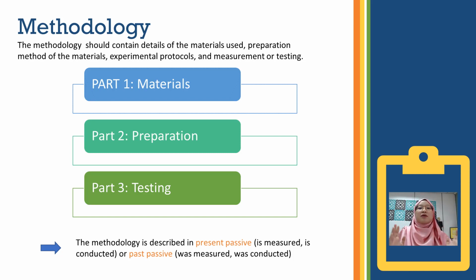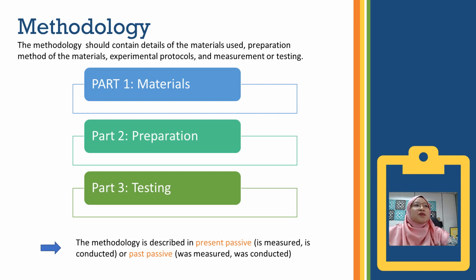So you need to write out the testing part: what equipment you have used, and how is the equipment prepared to test your material. And a little bit of tips and tricks for methodology: always use present passive, for example, is measured, is conducted, or past passive, was measured or was conducted, because like I said before, you have done it.